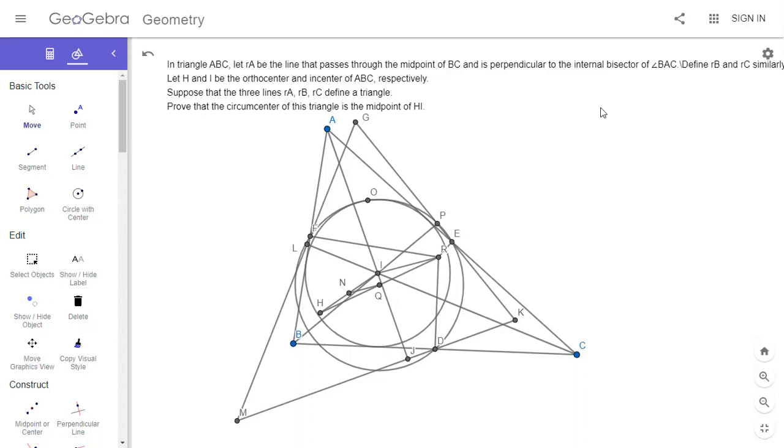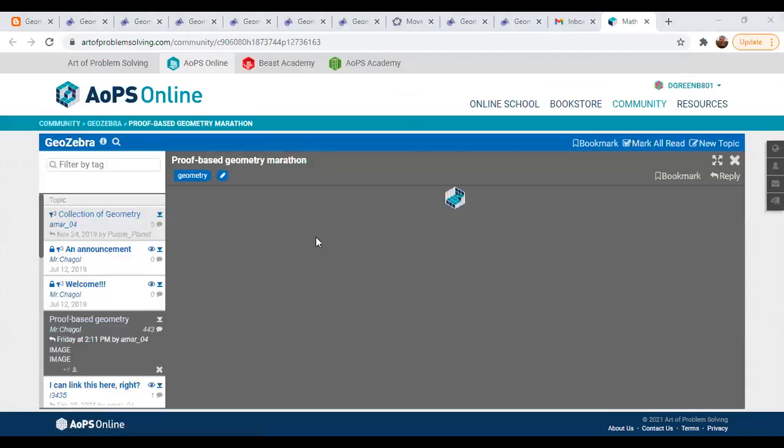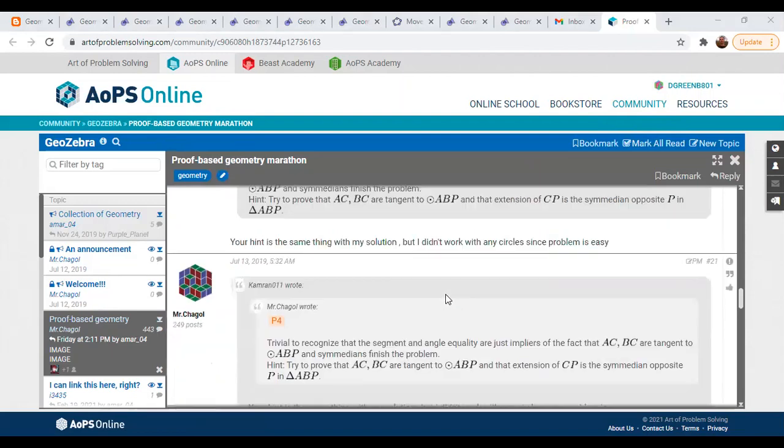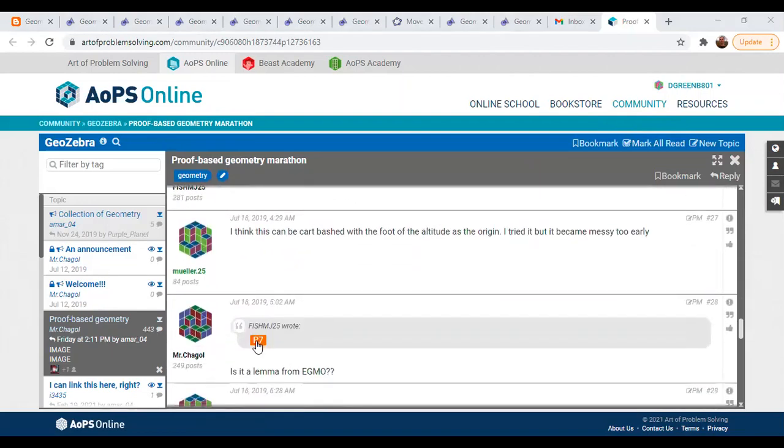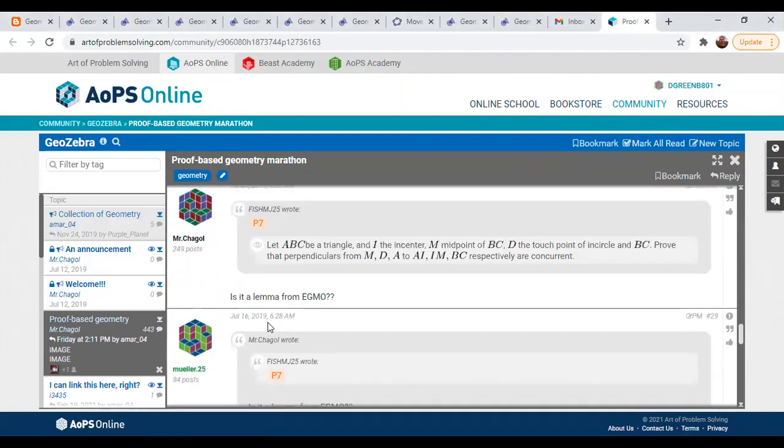Let's see. Arabian Math has a similar problem. I'll check it out in the chat. He said that I have requested a top secret page for which I have not received security clearance.